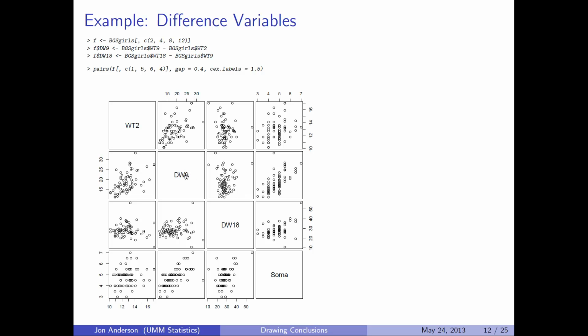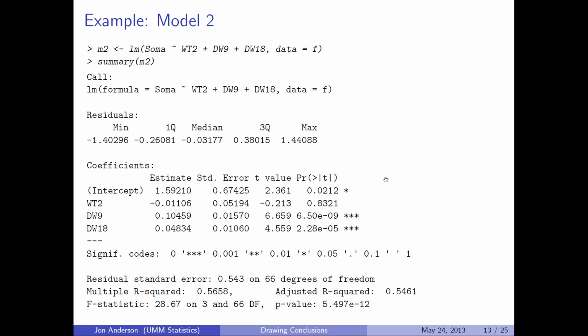The difference between 9 and 2 and the difference between 18 and 9 are almost not correlated at all. And you'll also see that these variables are not quite as correlated with weight at age 2 either. And this is going to have important ramifications in our model number 2, where I include a weight at age 2 variable and then these increments of change.